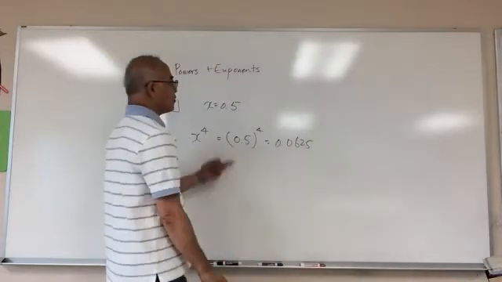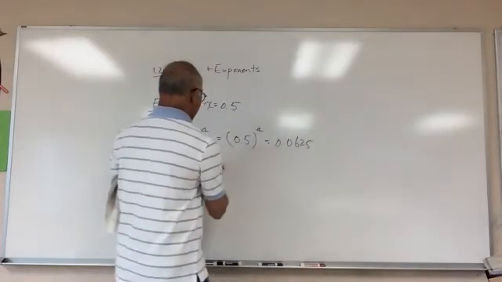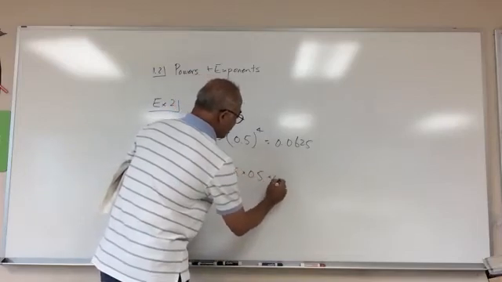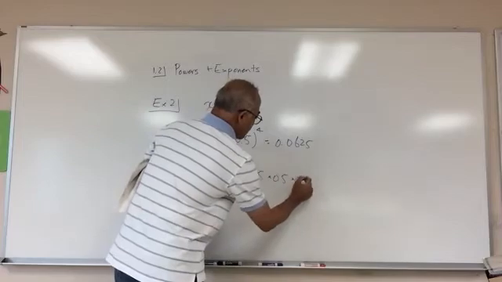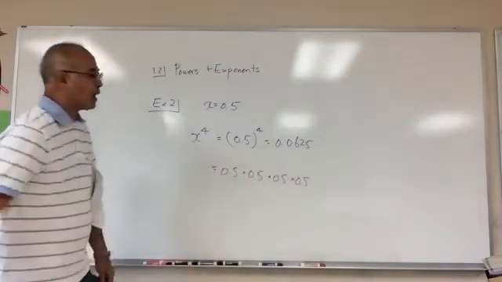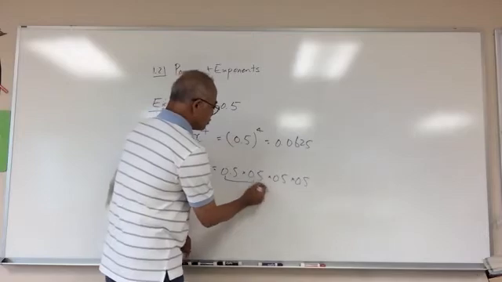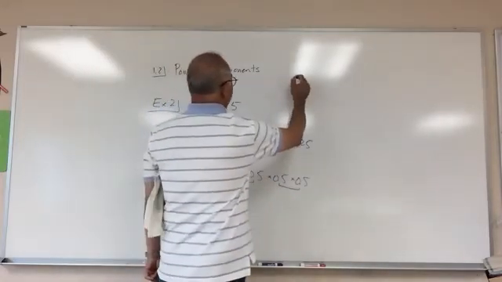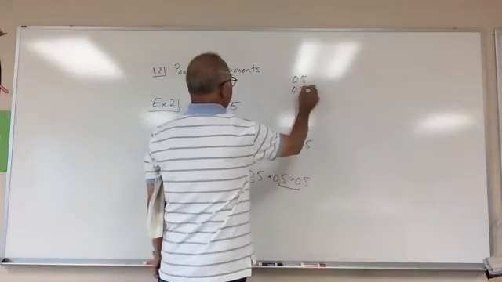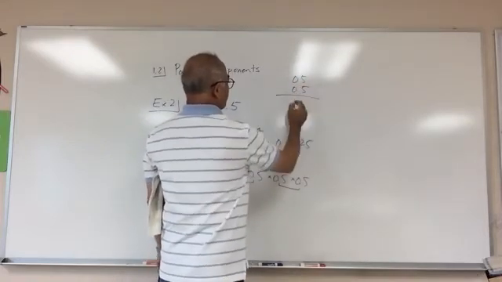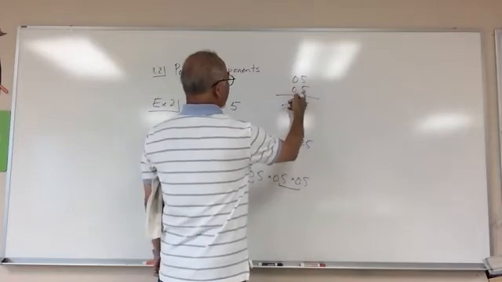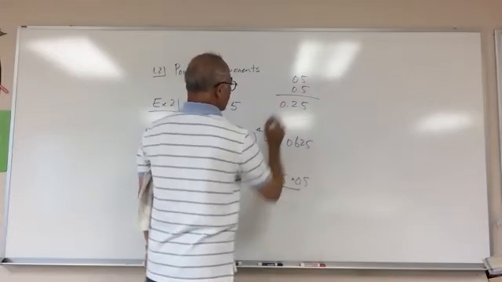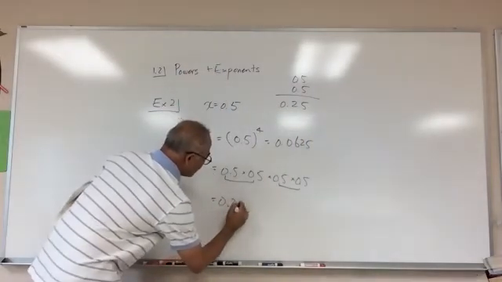0.0625. The way you would do this is, this is the same as 0.5 times 0.5 times 0.5 times 0.5. So I'm going to do this by hand. I would do these two and I would do these two, correct? 0.5 times 0.5, if I had to do this by hand, it would be 25, but I have 1 and 2 digits behind the decimal, so it would be 0.25.